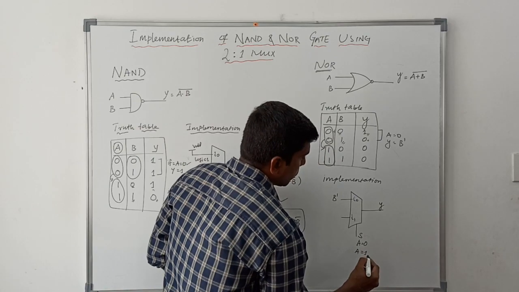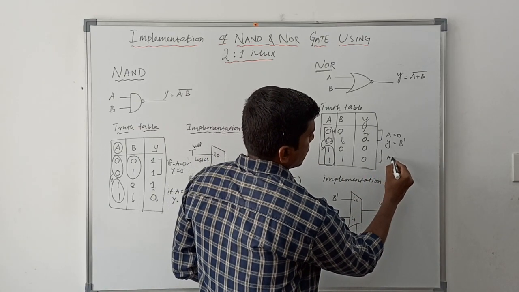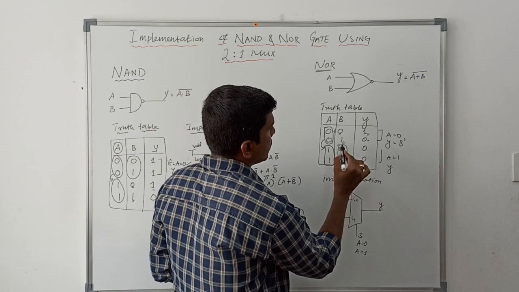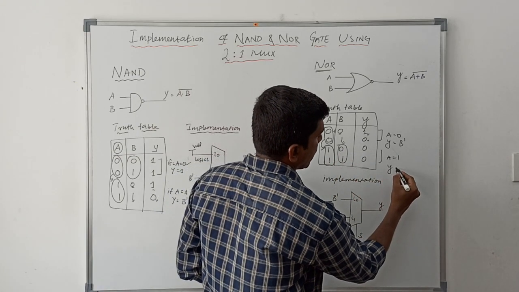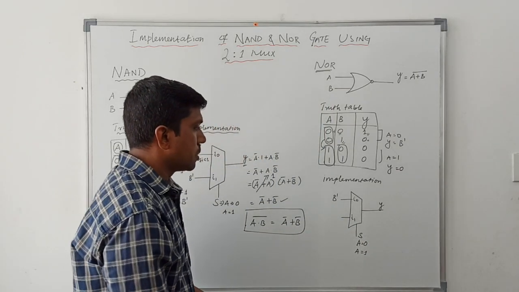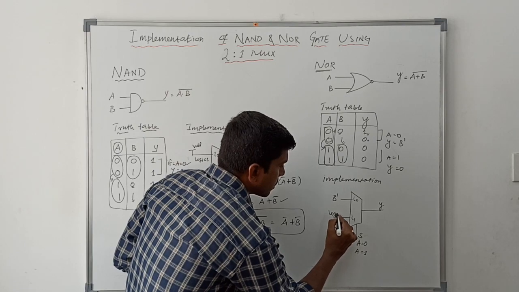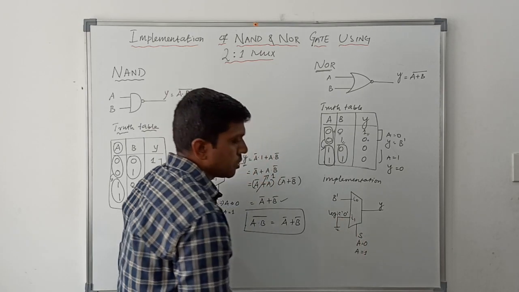If A equals 1, irrespective of the B input, the output is 0. So the I1 pin is connected to ground, which represents logic 0.